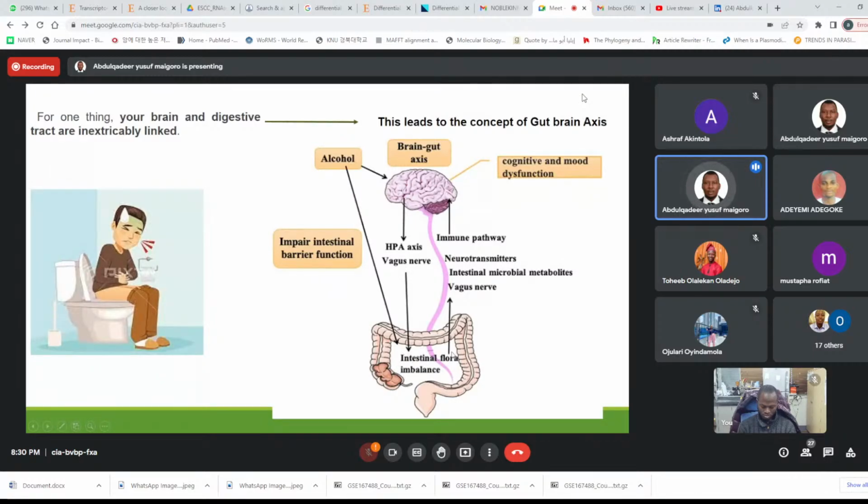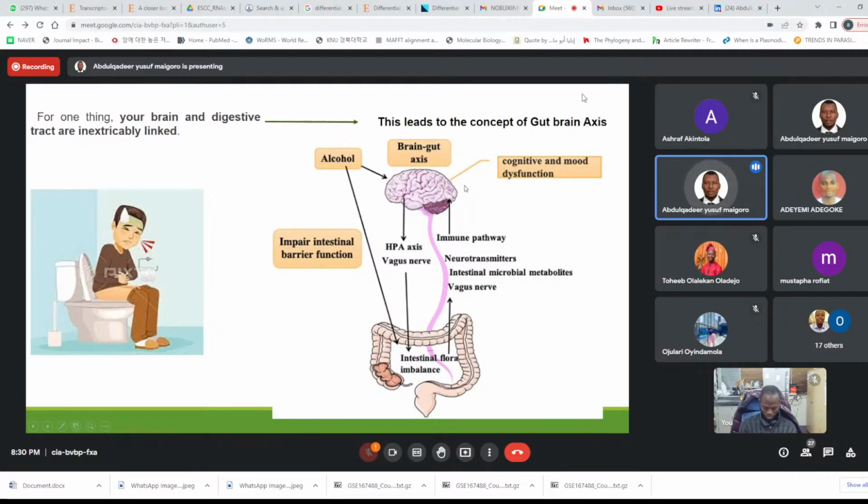And of course, when we talk about the intestine, we're talking about the microbiome. In the opposite direction, the intestine, through the same vagus nerve, talks to the brain, usually telling the brain about immune pathway or neural inflammation and all that.